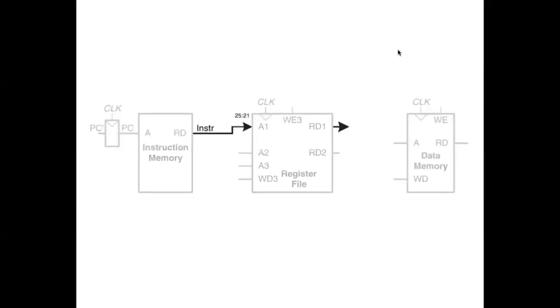To start decoding the instruction, we need to remember, in general, what load word and store word look like. So for example, we might have load word T0, 8 of T1, with an offset.